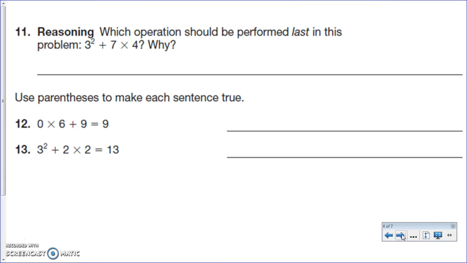For 11, it's asking us to do some reasoning, some thinking. Which operation should be performed last in this problem, and why? So if we look at it here, we've got 3 squared plus 7 times 4. We know parentheses would come first, but we don't have any. So then we do exponents, and then we do multiplication. So addition is going to be our last operation.